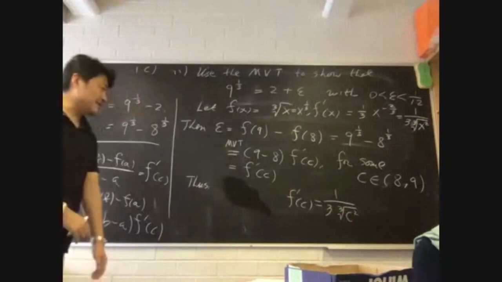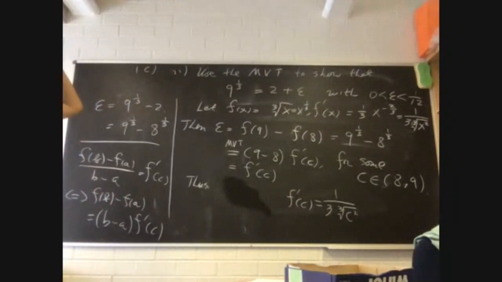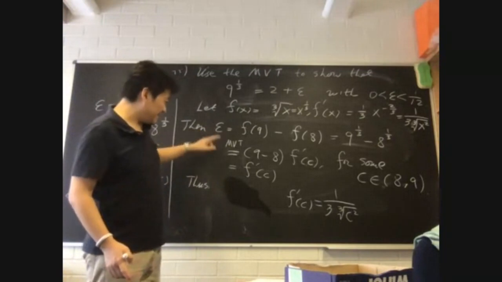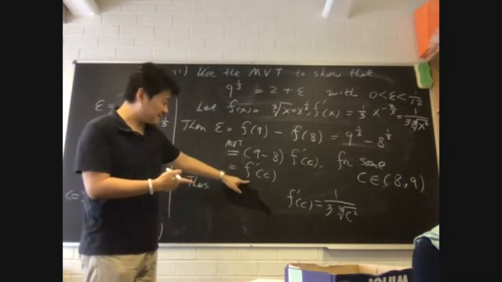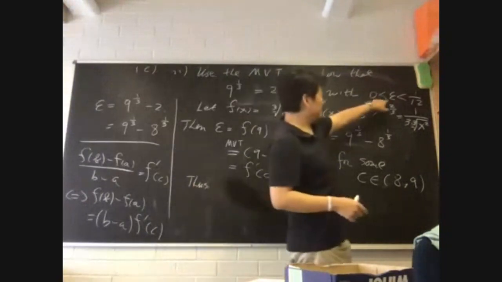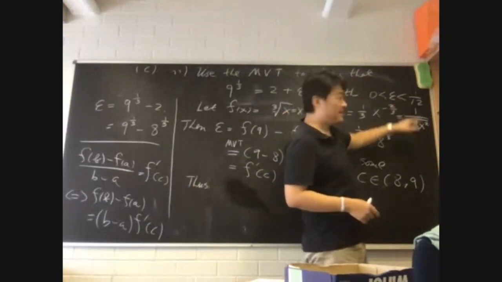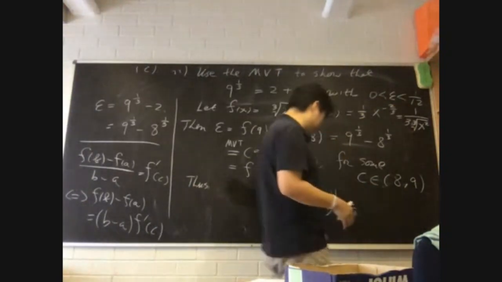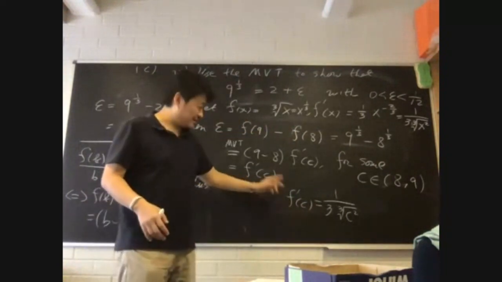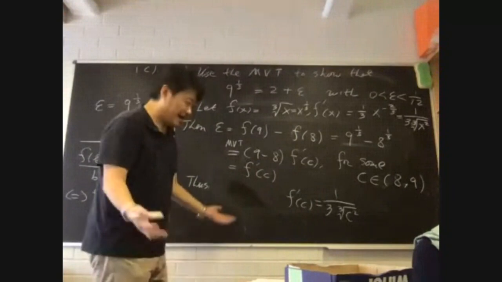Well, let's see, how large or how small is this number? We basically figured out that epsilon is f prime of c. And our goal is to show that epsilon is positive and less than 1/12. So it's the same thing as saying this thing is larger than 0 and less than 1/12.